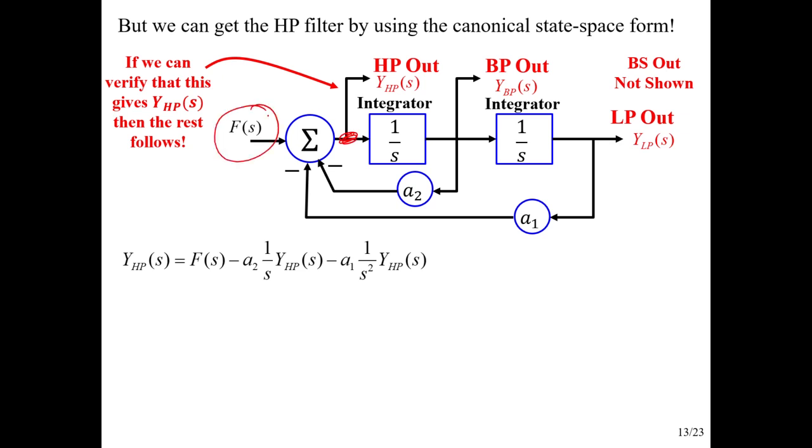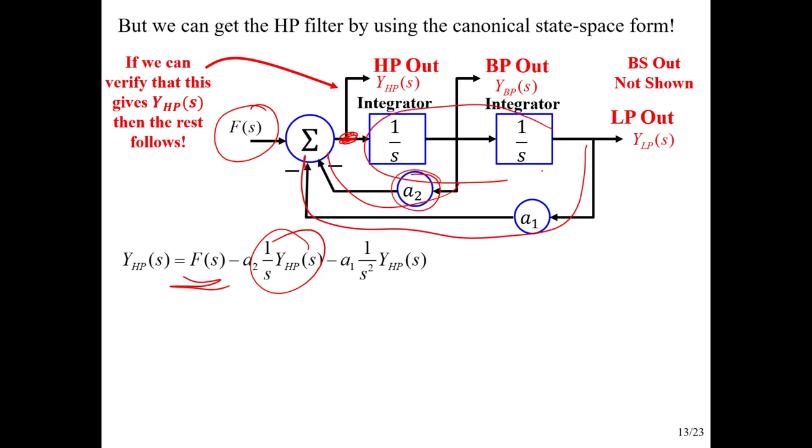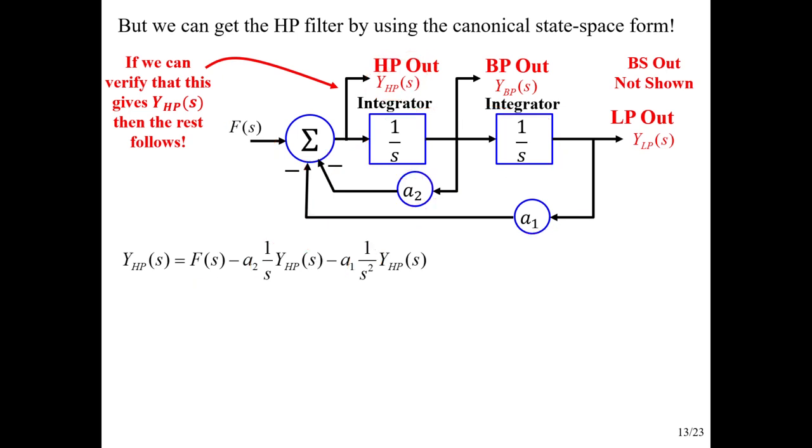Well, it's F of s, and then it's minus a2 times 1 over s times the high pass, and it's minus a1 times 1 over s squared, that's where that comes from, times the high pass. So now I've got something here that is in terms of high pass, Laplace transform, output transform, and the input.